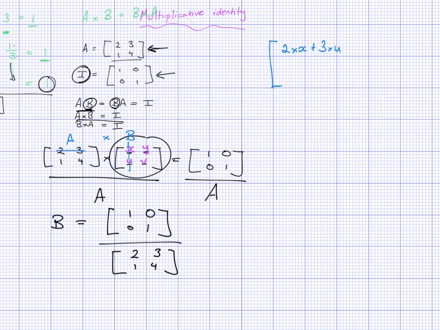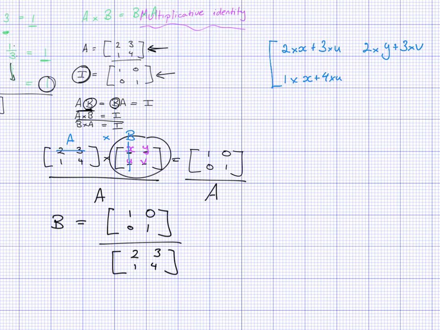Remember, it's rows by columns. And then over here, it's going to be 2 times y plus 3 times v. Then down the bottom, it's going to be 1 times x plus 4 times u.